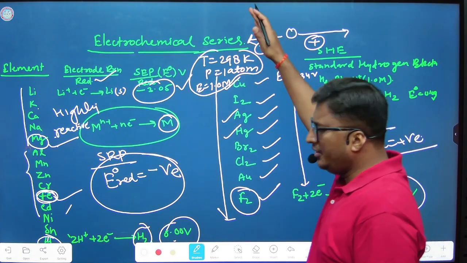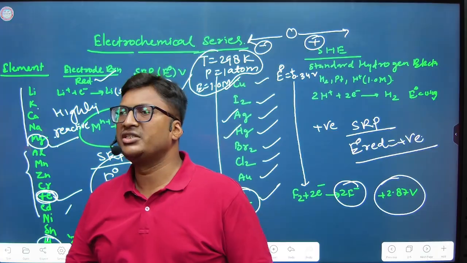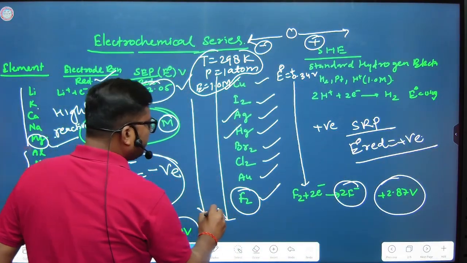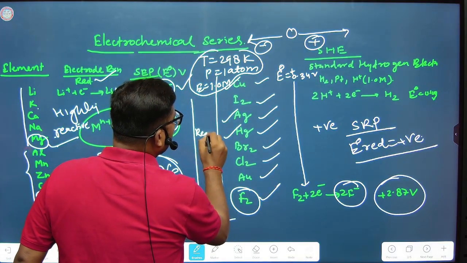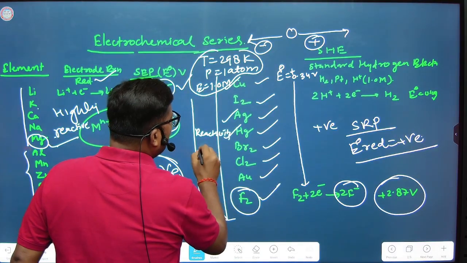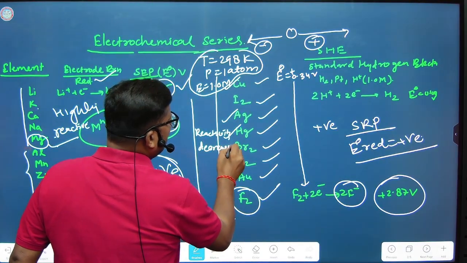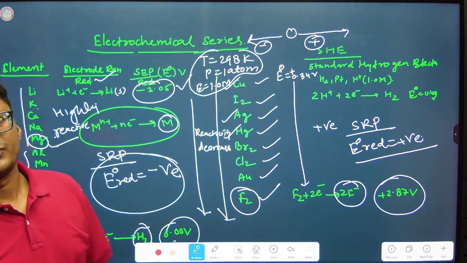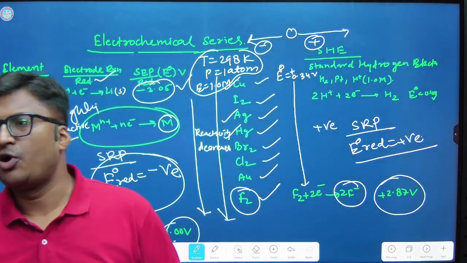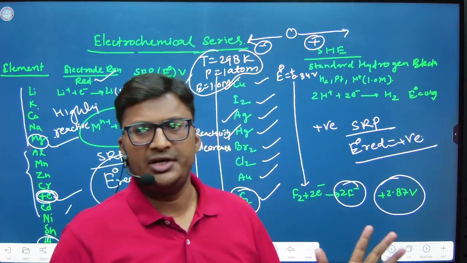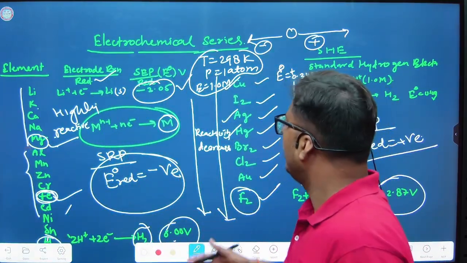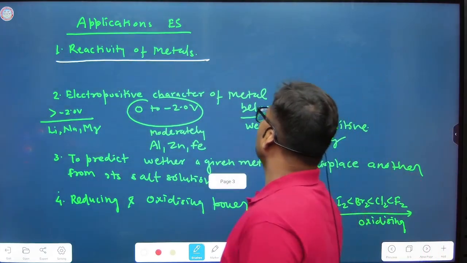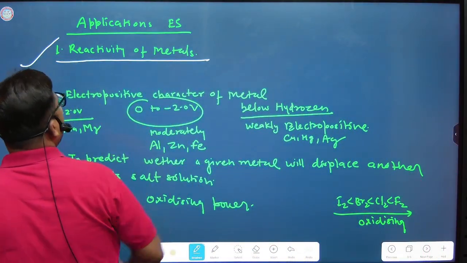So reactivity decreases across the electrochemical series, right? Reactivity decreases, right? Reactivity means loss of electrons from the elements. It means oxidation. So this is the reactivity of metals.